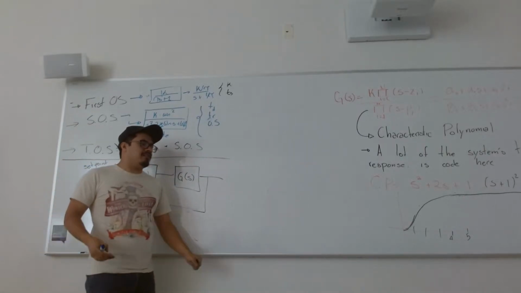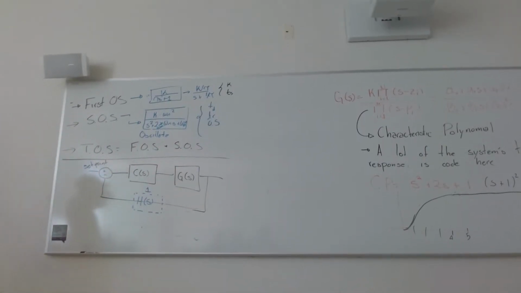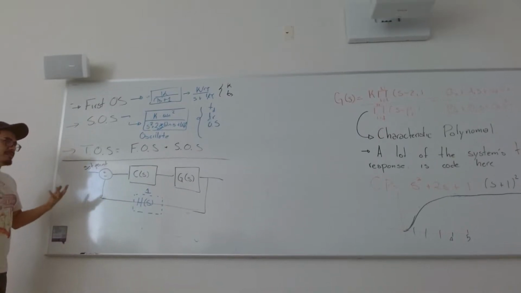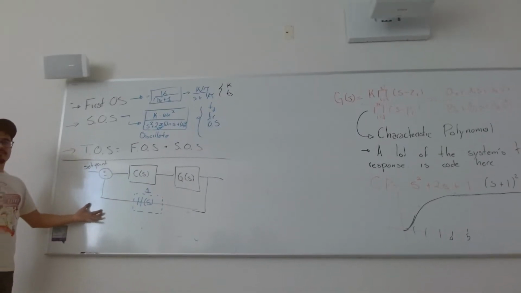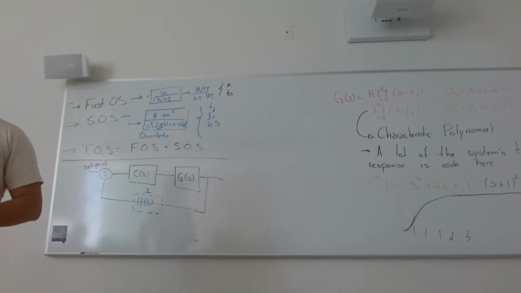I tell you because these couple of days I have been tutoring you, I see that you are not paying attention to these little things in the problems or in the problem statements. So this is a unit feedback. That is once again, it's obvious. I said that the root locus assumes that it is a unit feedback.